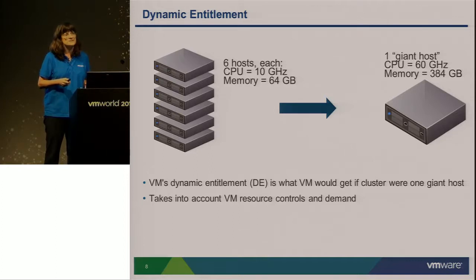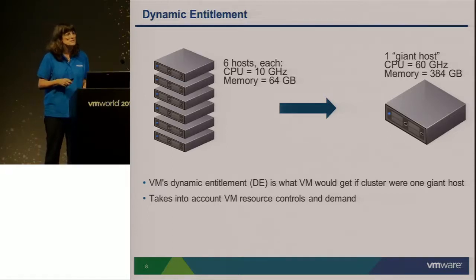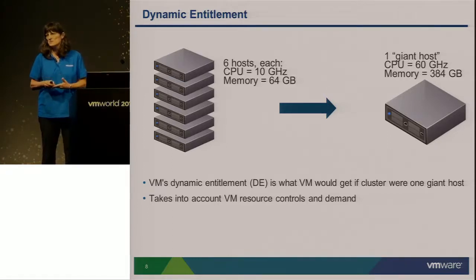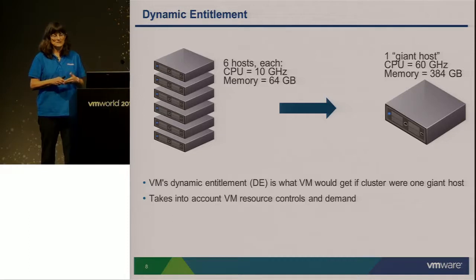This is important because it means the VM gets what it's entitled to as if there was no host boundary. So it doesn't matter which host the VM is currently on. We're going to figure out what resources it's entitled to based on all the resources in the cluster. And doing this, figuring out what resources it's entitled to, depends on resource controls and demand. So let's look at those 2 areas.